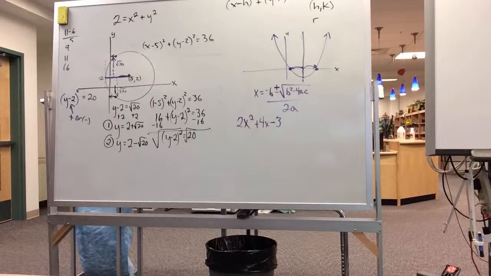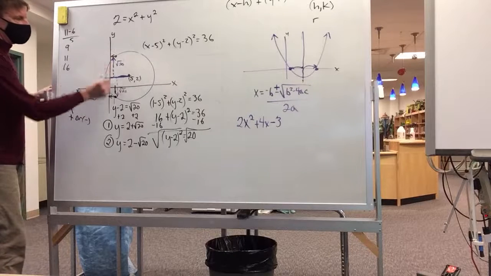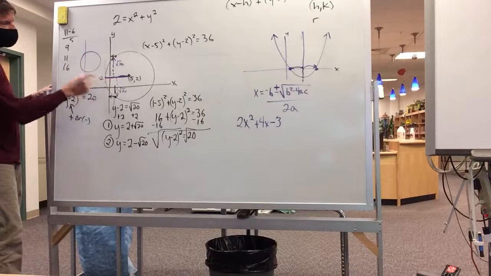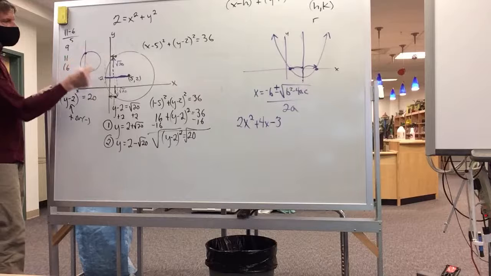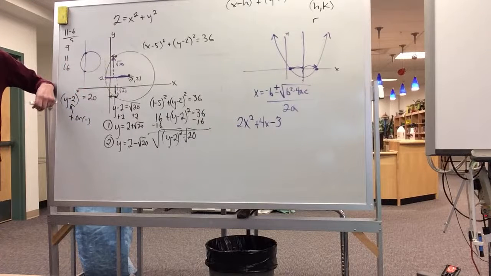Now the question is, for number 9, it says find the coordinates of all points of intersection of the circle and the line with the given equation. The line x equal to 1 goes right through here. So we have this drawn here, there, and there. Those are your two intersections.